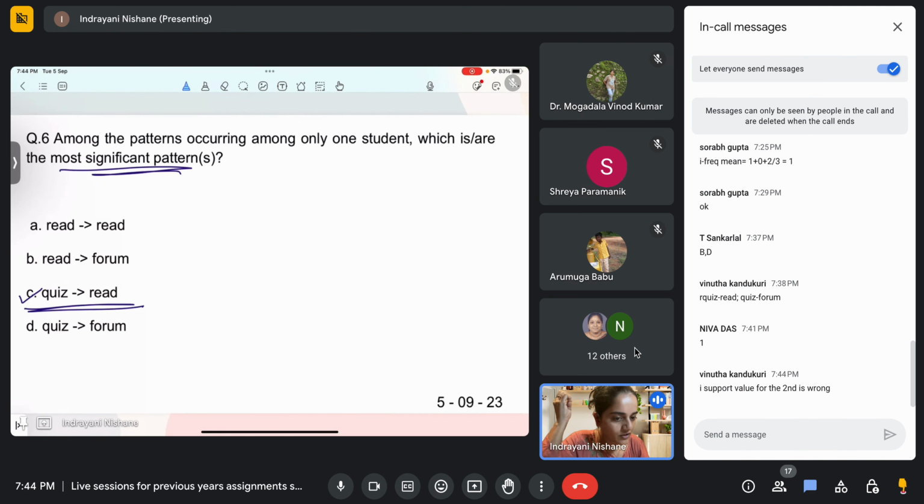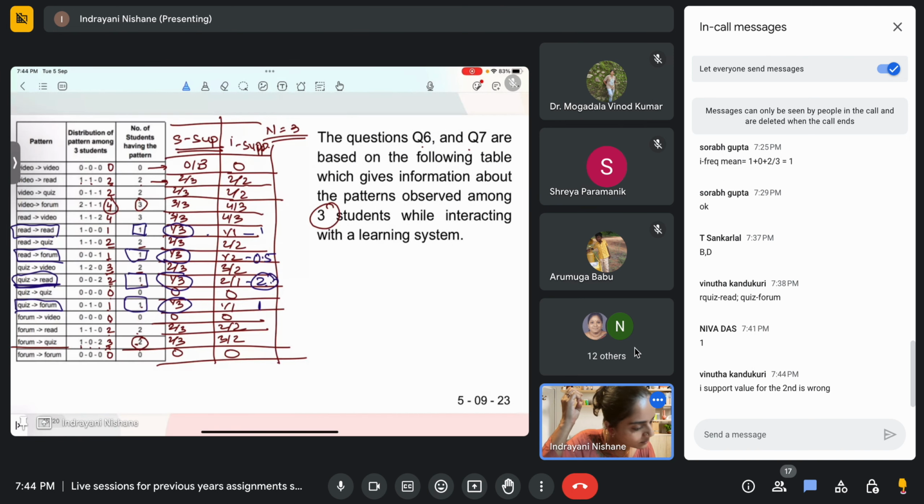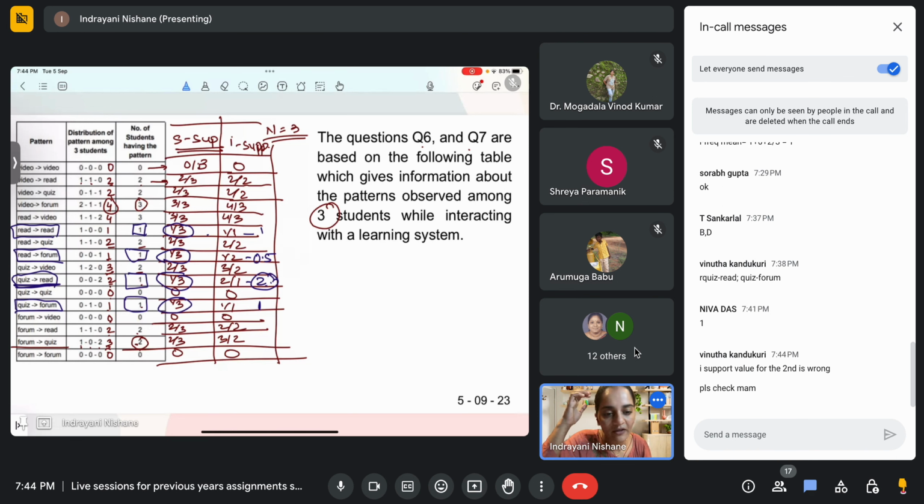I support value for the second is wrong. Which pattern? Which pattern can you say? Vinuta, which pattern? Can you type or unmute and answer? No, I did not understand. Can you repeat? Quiz forum.